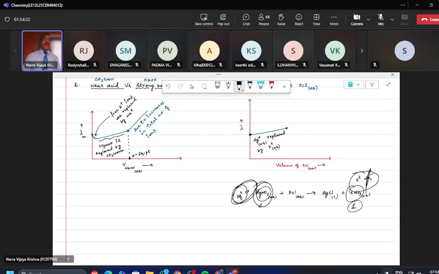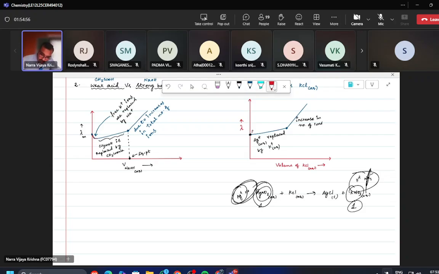After reaching the equivalence point, if I keep on adding KCl again and again, what happens? The total number of ions increases. Therefore, conductance increases. Why is this observed? Due to the increase in the total number of ions.